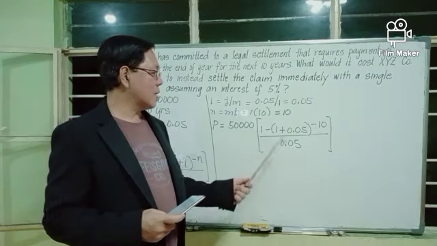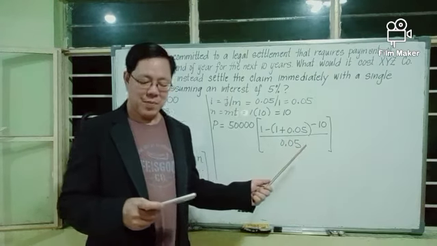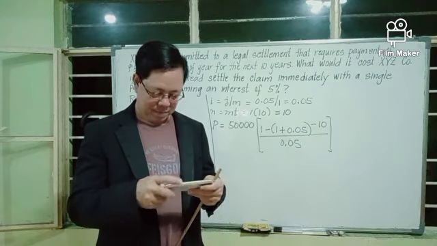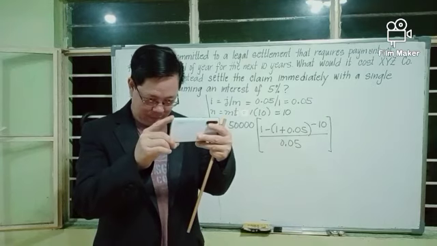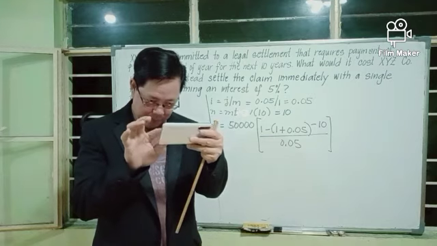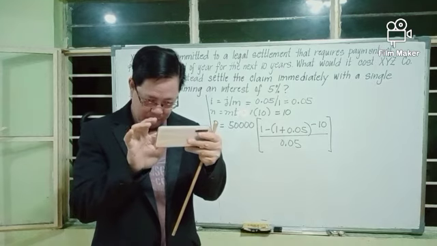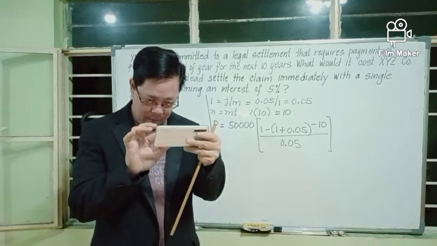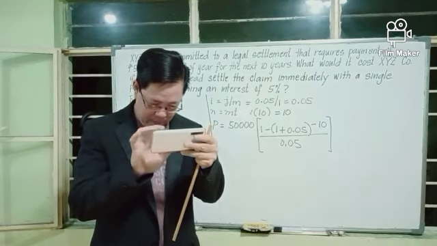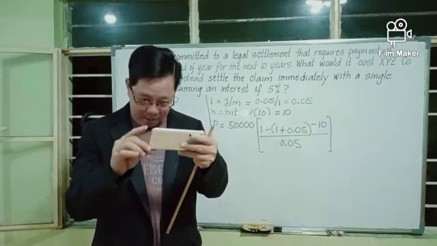And we start again with 1 plus 0.05, that's 1.05. And you raise that to the power negative 10. We have 1.05 to the power negative 10.